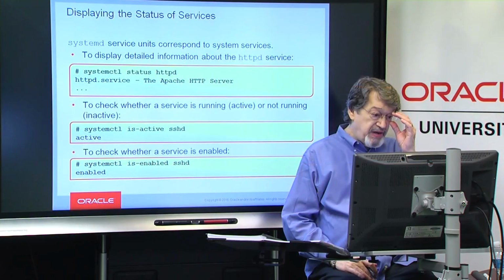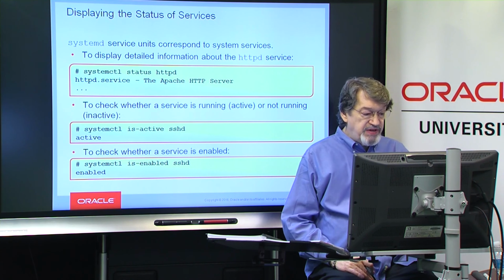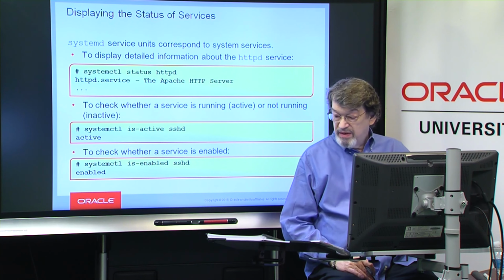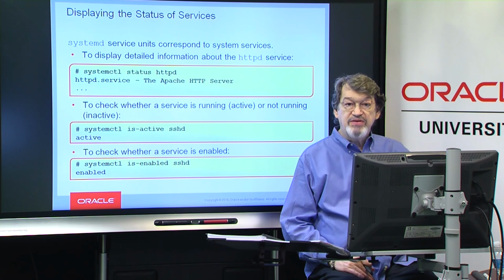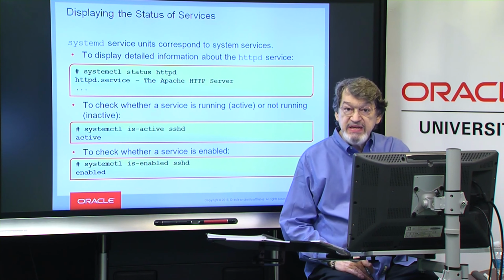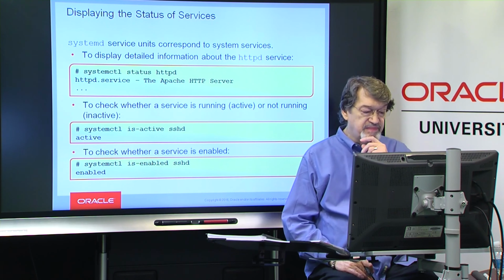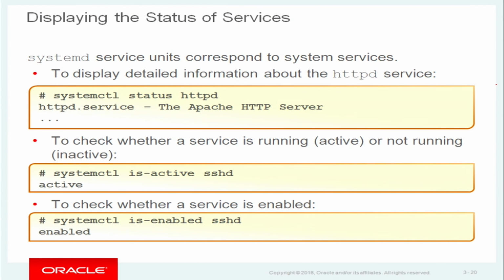Okay. Here, we've used the systemctl command to actually ask what is the status of the HTTPD daemon, all right? And it gives me information about it being up and running. Now, is active obviously means that it's running.